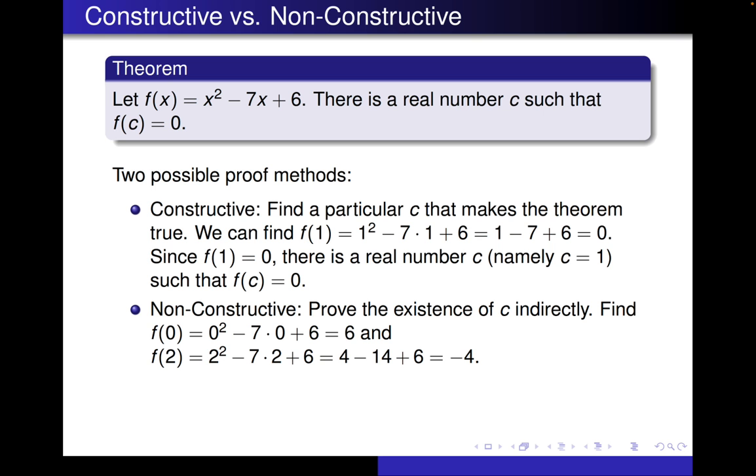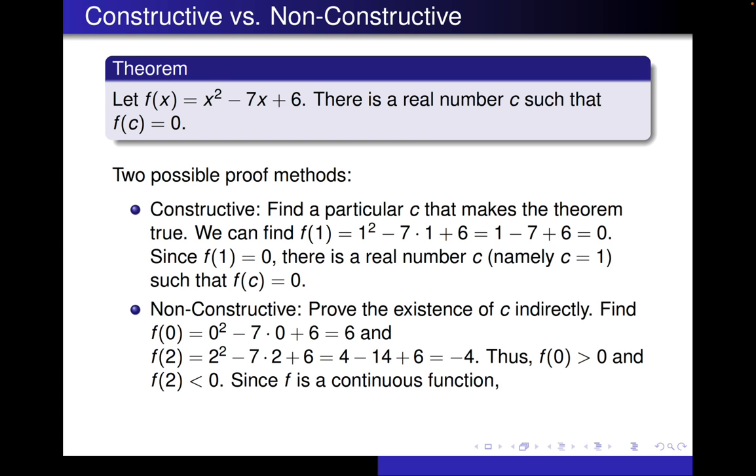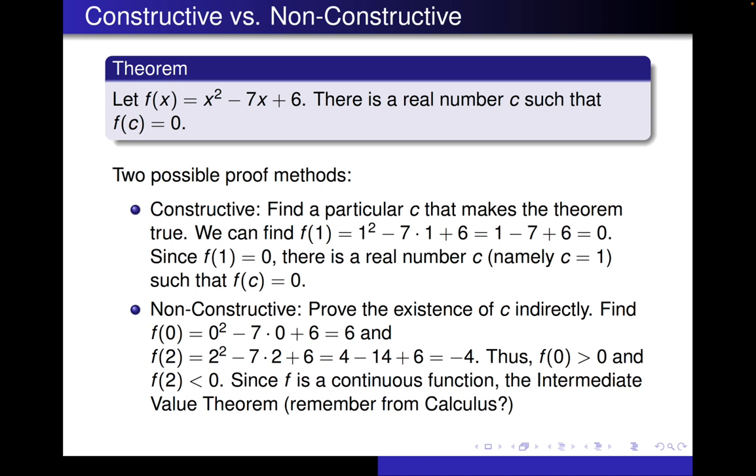Who cares? Well, one of those outputs happens to be positive and one happens to be negative. That means that f of 0 is a positive number, f of 2 is a negative number, and since f is a continuous function, we're going to go back to calculus a little bit. The intermediate value theorem says, oh yeah, you remember that one? We had that one in calculus too.